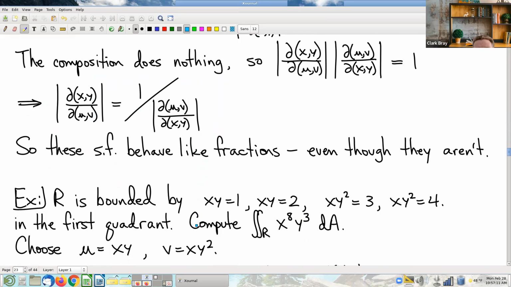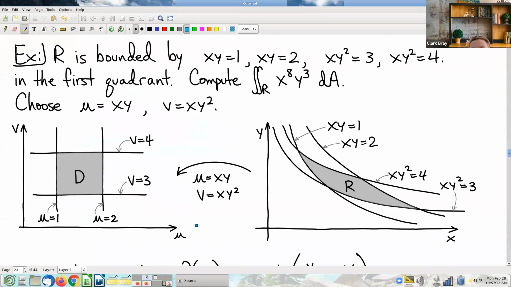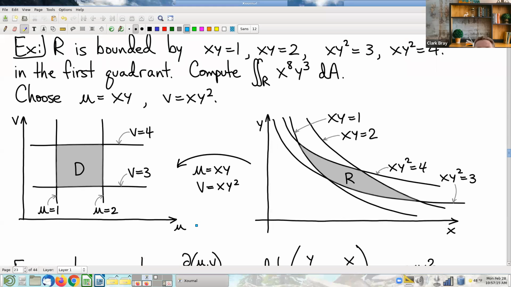All right, let me show you an example where this is a big win. This is a classic example. I'm going to confess, it's a little bit manufactured, but actually not as much as you might think.